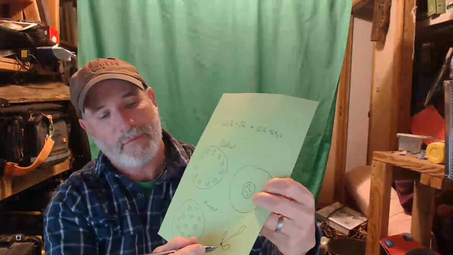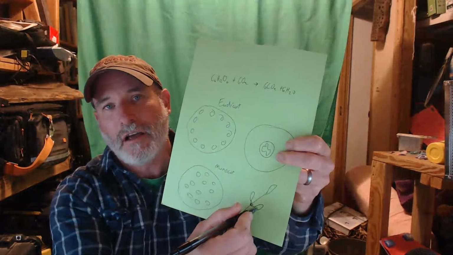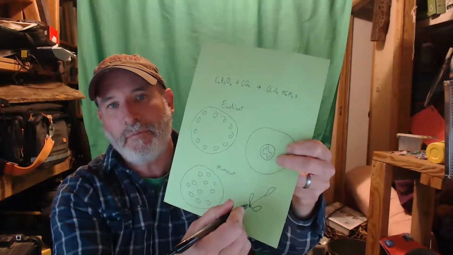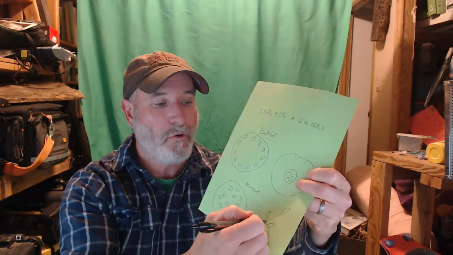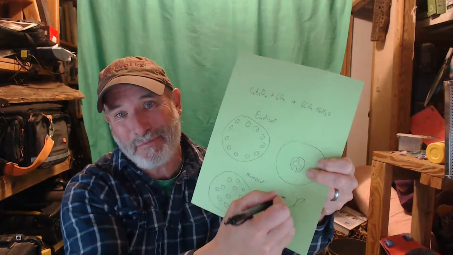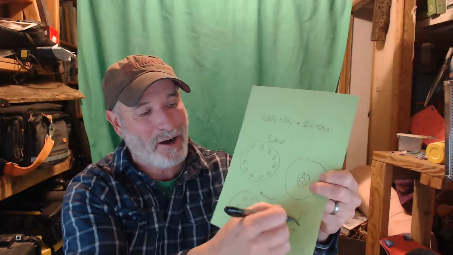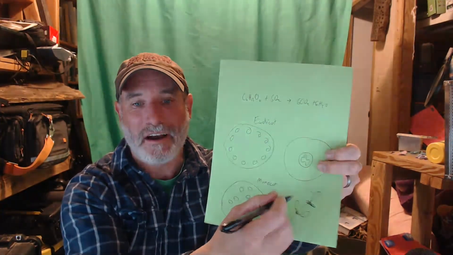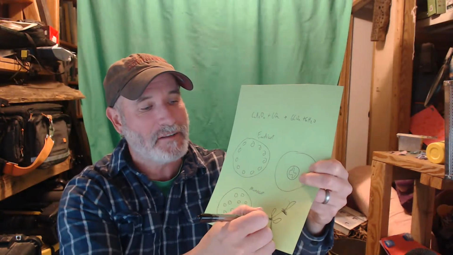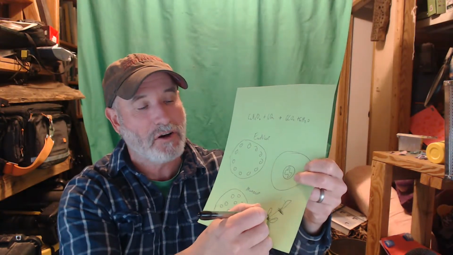Then right here, at the nodes where the petiole is coming out of the leaf, that's your lateral bud. And typically lateral buds, if they're close to the tip of the stem, don't form branches because the apical bud is actually sending out hormones down here to prevent growth. So if you cut that off right there, those hormones stop, but then these lateral buds will actually grow into branches. That's the main difference there.